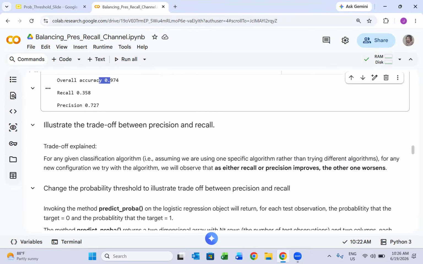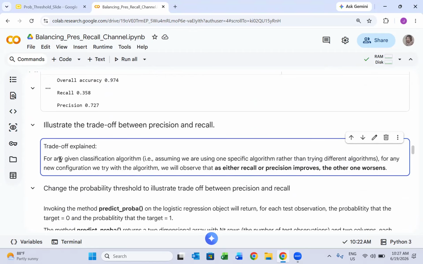Before illustrating the trade-off, let's define it with words. This is the trade-off defined. For any given classification algorithm, that means that if you want to understand the trade-off, you need to focus on one specific algorithm. You cannot be using different algorithms.